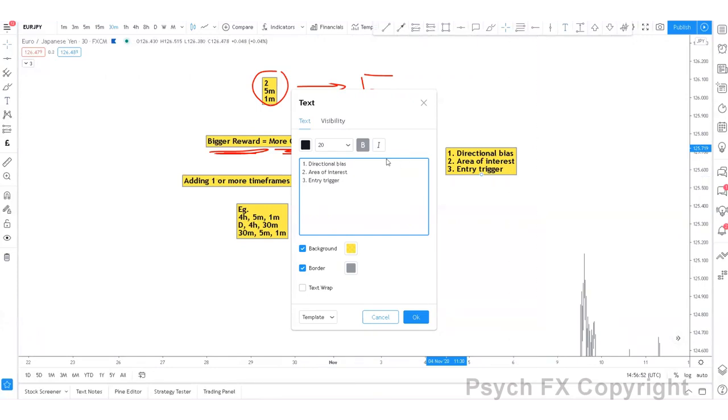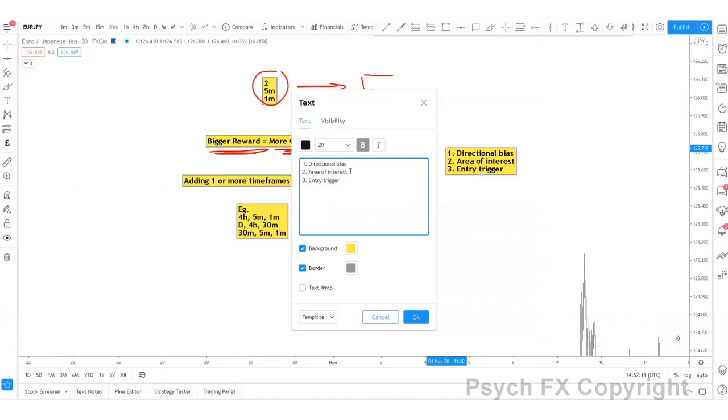Ultimately, you need a systematic way to get to your directional bias, a systematic way to get to your area of interest, and a systematic way to have your entry trigger. Now, I will say that most people have a relatively systematic way of detecting their bias.